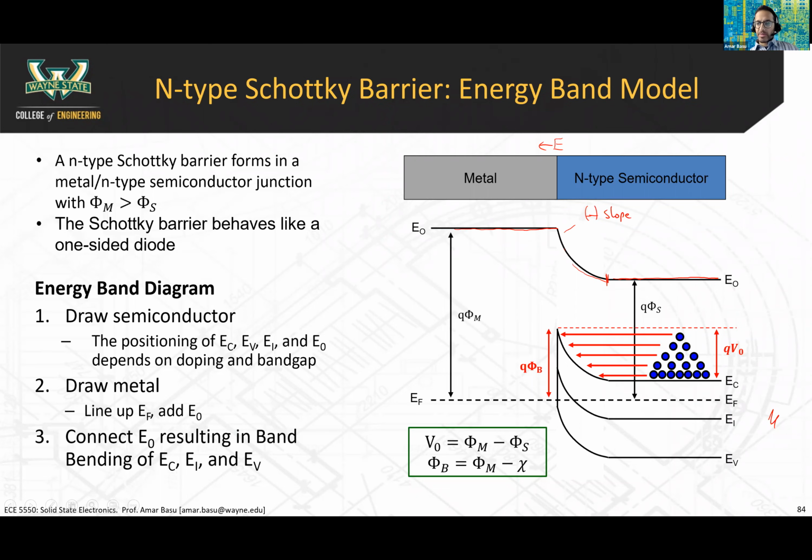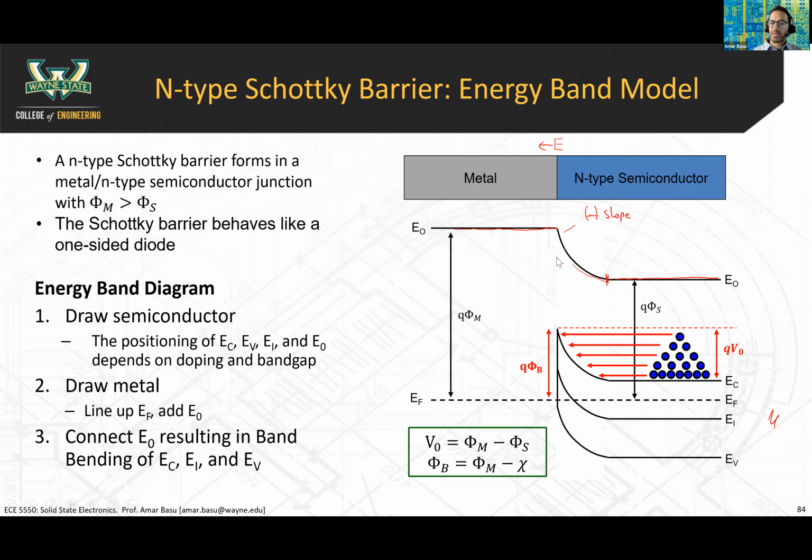If you look at the difference between the two, that will be your V0, your difference in potential, because the difference between phi m and phi s tells you how much this line bends up here. I think that's the easiest thing to see.